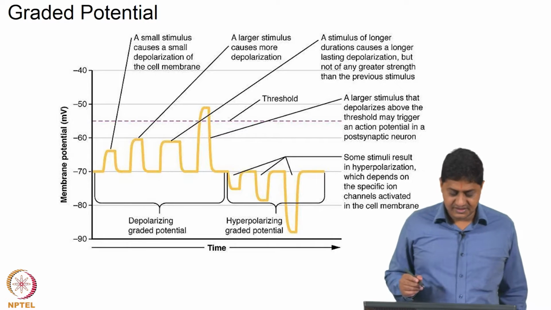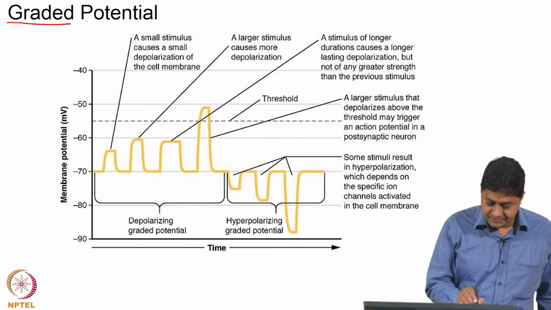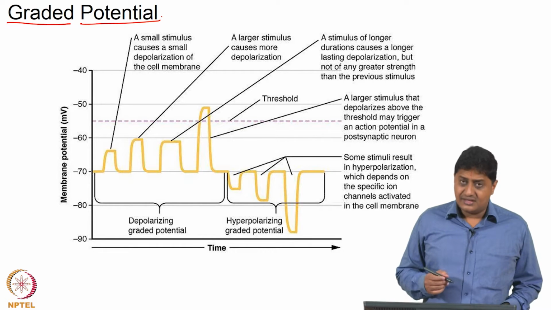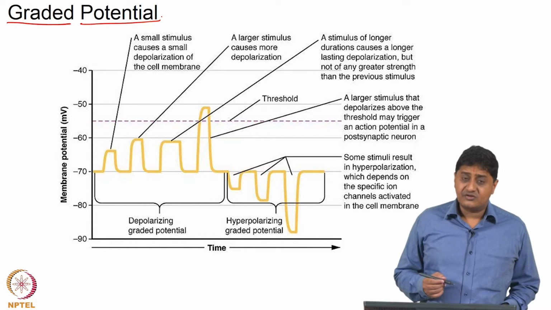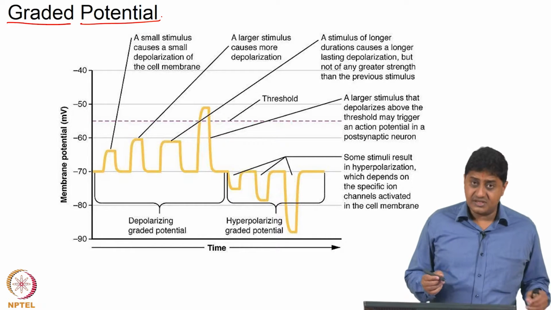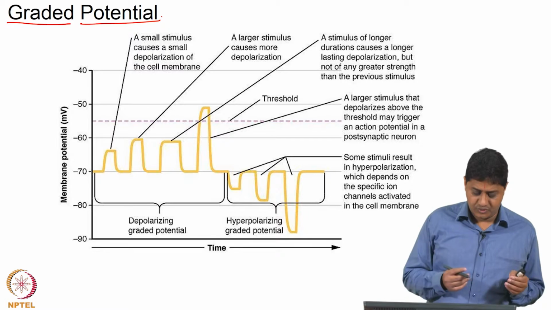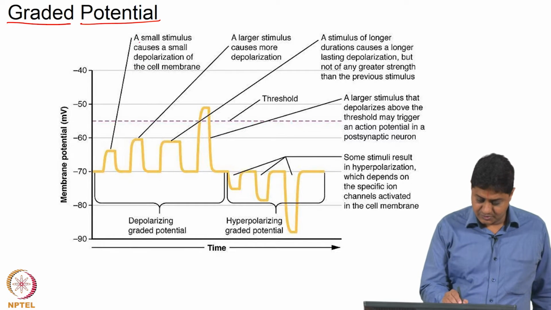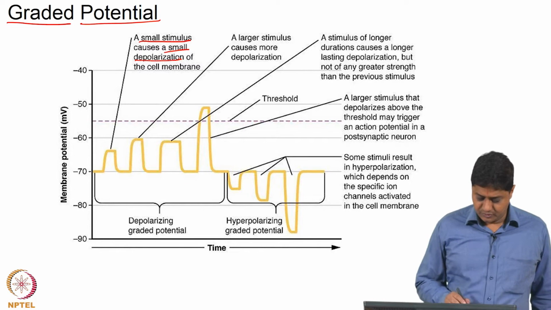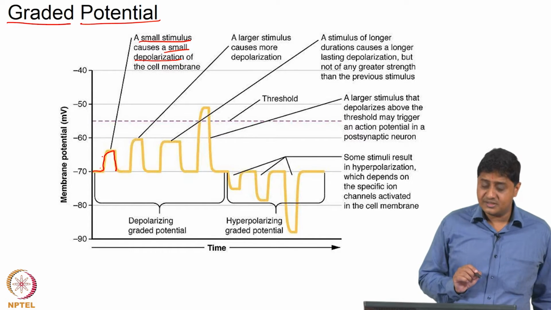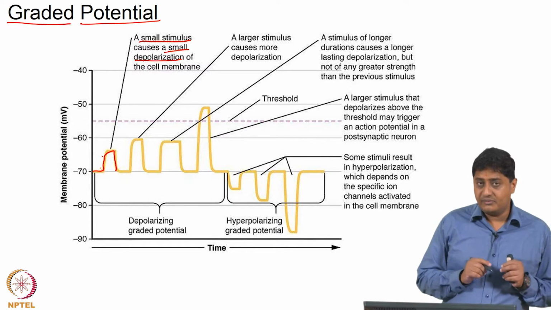Here we are discussing graded potential. Suppose there is a small stimulus of some kind and this stimulus causes a small amount of depolarization. That means this stimulus causes a small amount of sodium to enter inside. A small stimulus causes a relatively small depolarization. Why is this happening? This is happening because a small amount of sodium has entered inside.